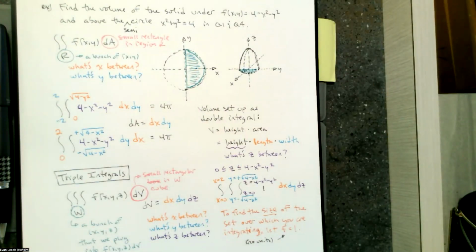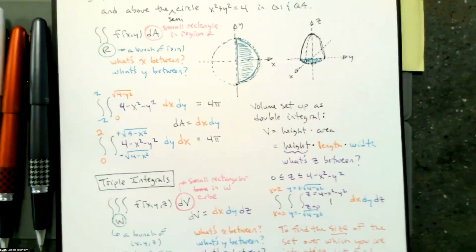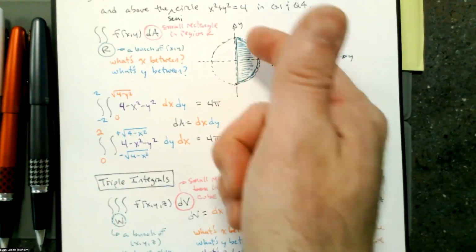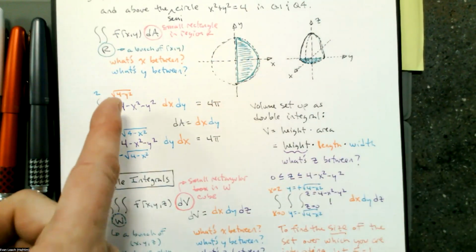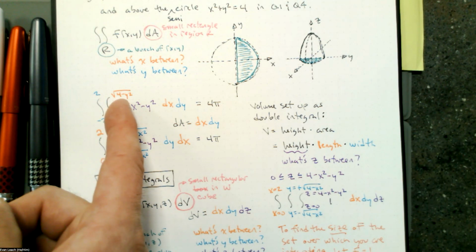All right. So triple integrals. What's x between? What's y between? What's z between? Super predictable. All we have to do now is come up with other ways for describing x, y, and z. Right now we're describing x, y, and z with locations. And what we saw was that using rectangular coordinates for round things is decidedly inconvenient because trigonometric substitution shows up.